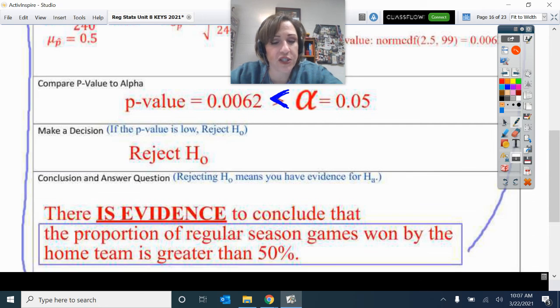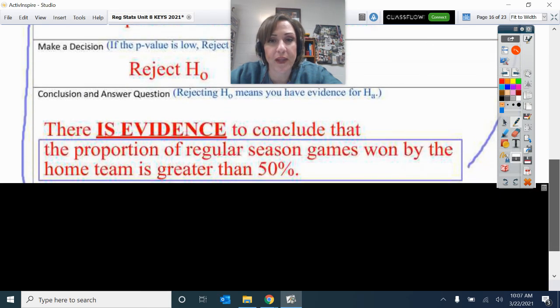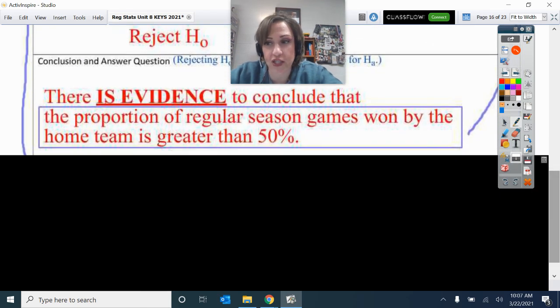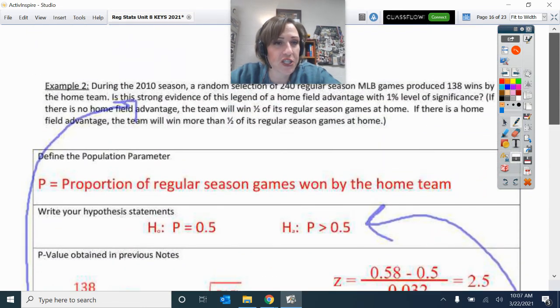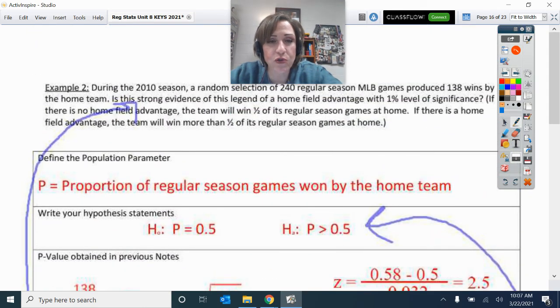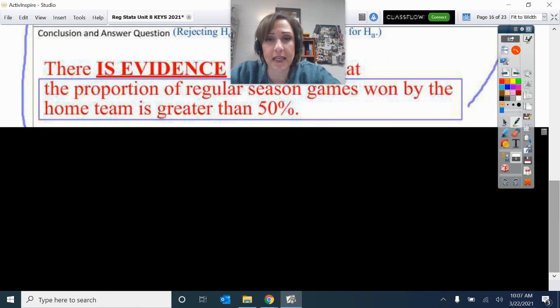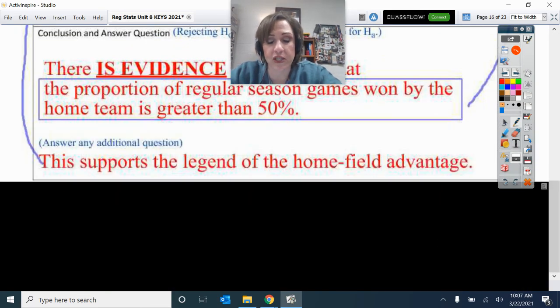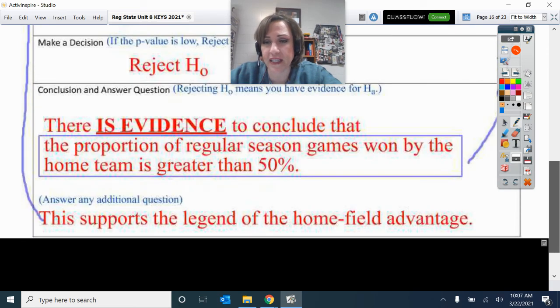So there is evidence to conclude that the proportion of regular season games won by the home team is greater than 0.5. And remember, always look to see if there's an additional question. Is this strong evidence of the legend of home field advantage? I think so. This supports the legend of home field advantage.